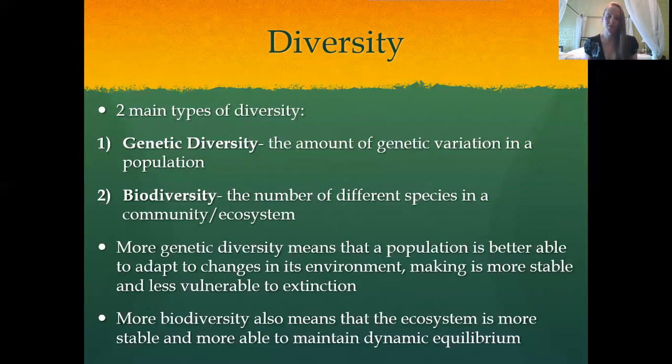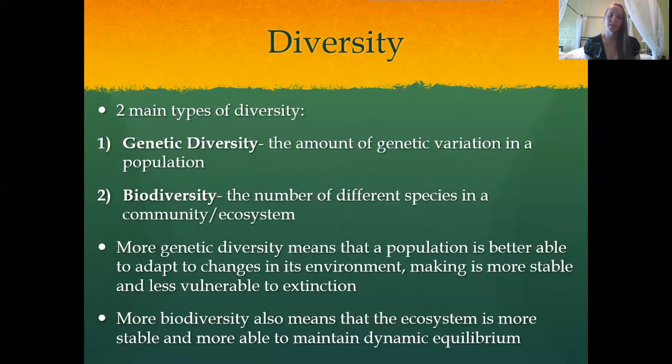The other type of diversity is biodiversity, which is the number of different species in a community or in an ecosystem. And you also want that number to be high. You want as many different species as possible existing in your ecosystem. It makes for a healthier ecosystem.